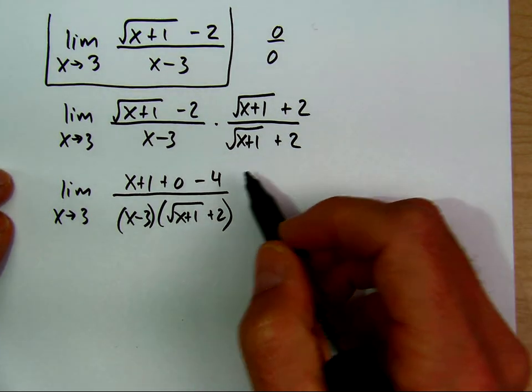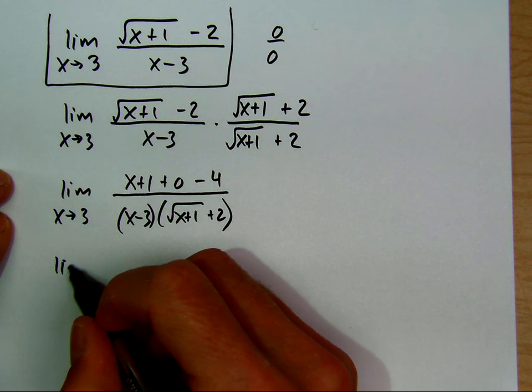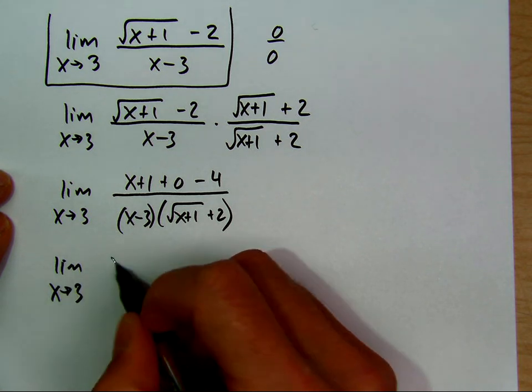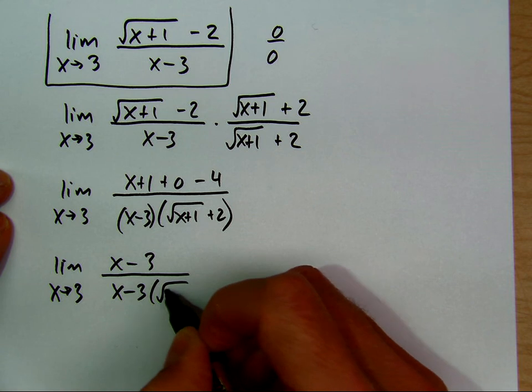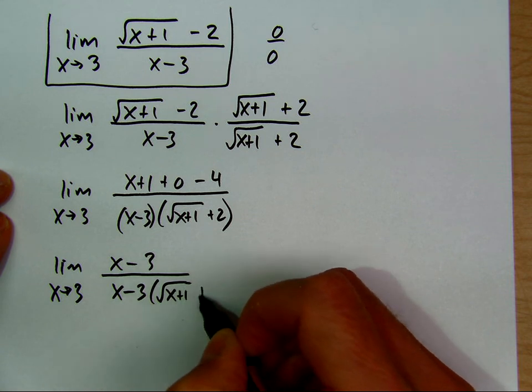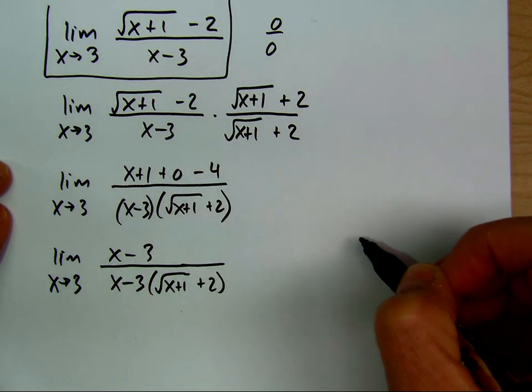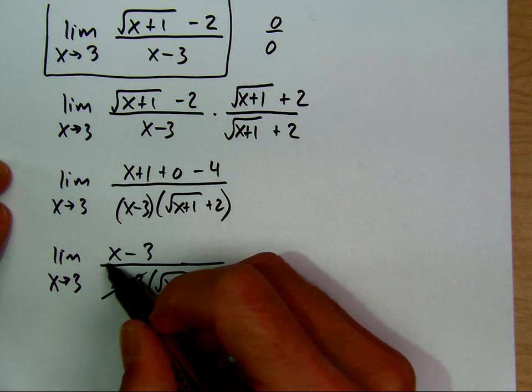So in the numerator we have x minus 3. So x minus 3 cancels with x minus 3.